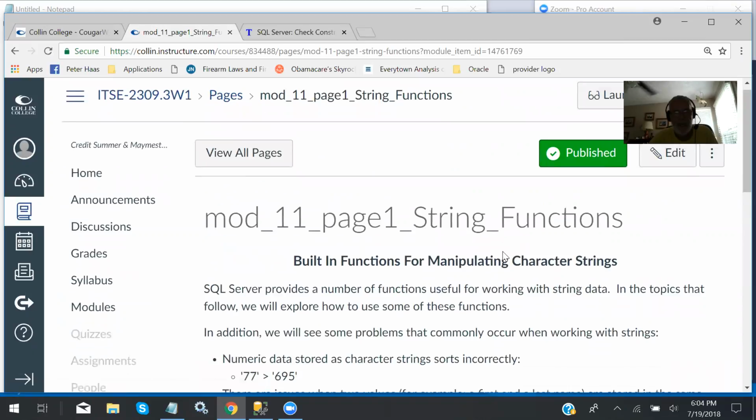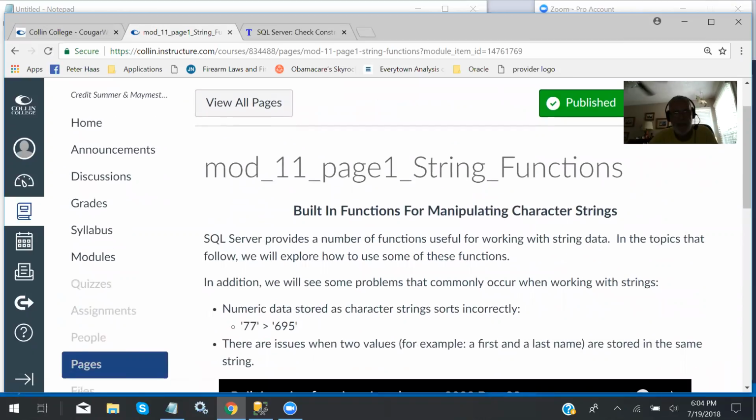Next, built-in characters. SQL Server provides a number of functions for working with string data.